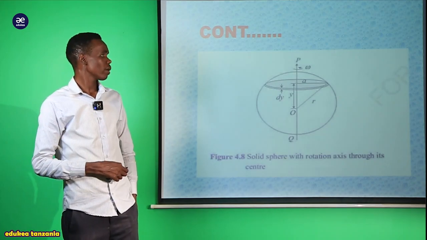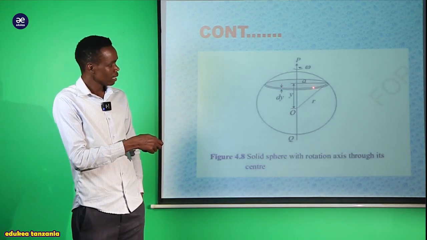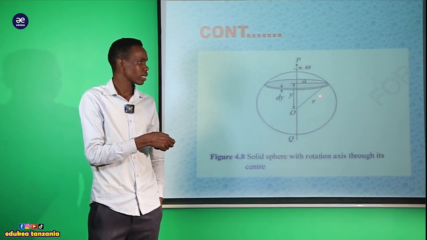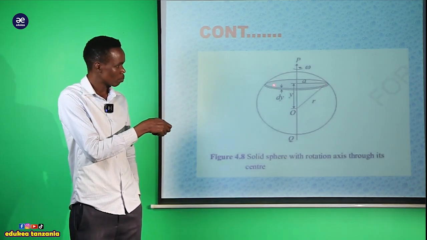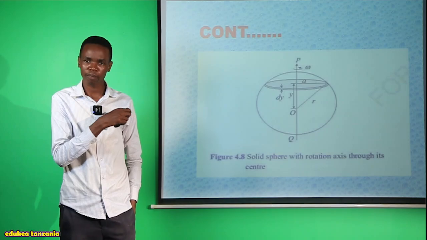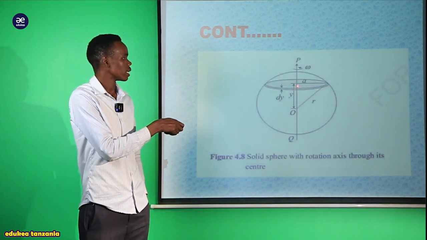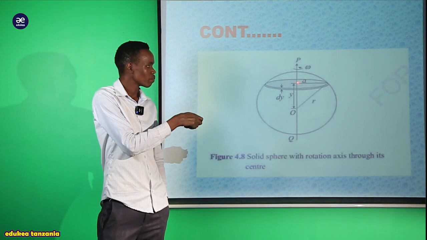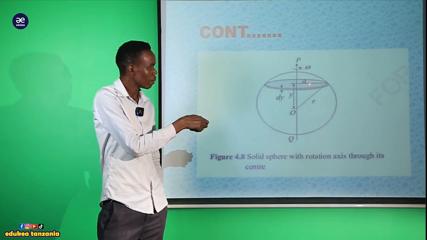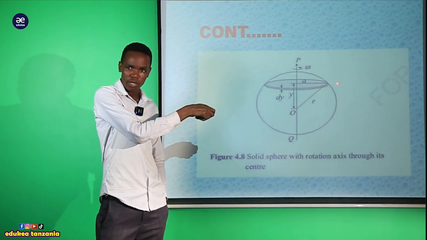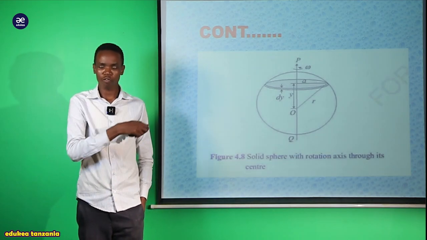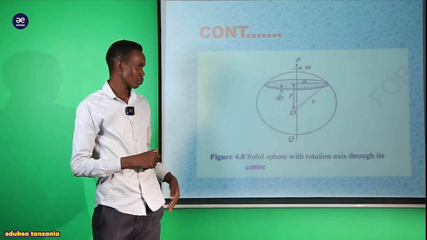Now on our sphere here, inside the solid sphere, we have the elemental disk, as we observe. This is the elemental disk that involves the radius a. It extends from this point here up to the edge, the end of the sphere, which means any point of the sphere as we observe.